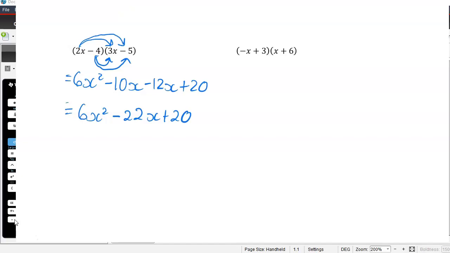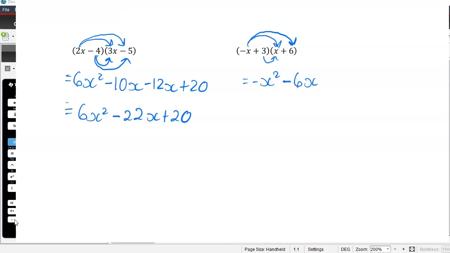Okay, so now I've got negative x times by x. That gives me negative x squared. Negative x times by 6 is positive, sorry, that's wrong, isn't it? What did I do wrong there? I forgot the negative sign. So negative x times by positive 6 is negative 6x.